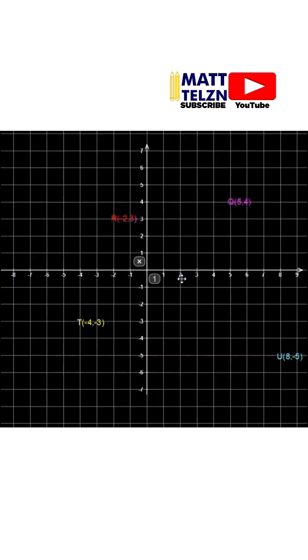To do that, we have a point Q here. This point Q here is at what position? It is at position 5, 4. How did we get 5, 4? You notice my x-axis is 5, you trace it. Then my y-axis is at 4.